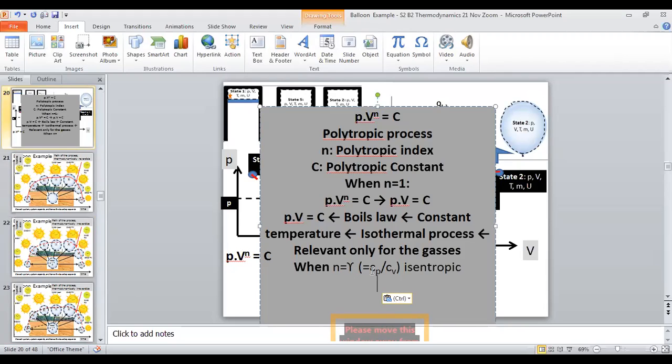When n equals gamma, gamma being the ratio Cp by Cv, we call it an isentropic process, a constant entropy process. The best work done by the system is in the constant entropy process.